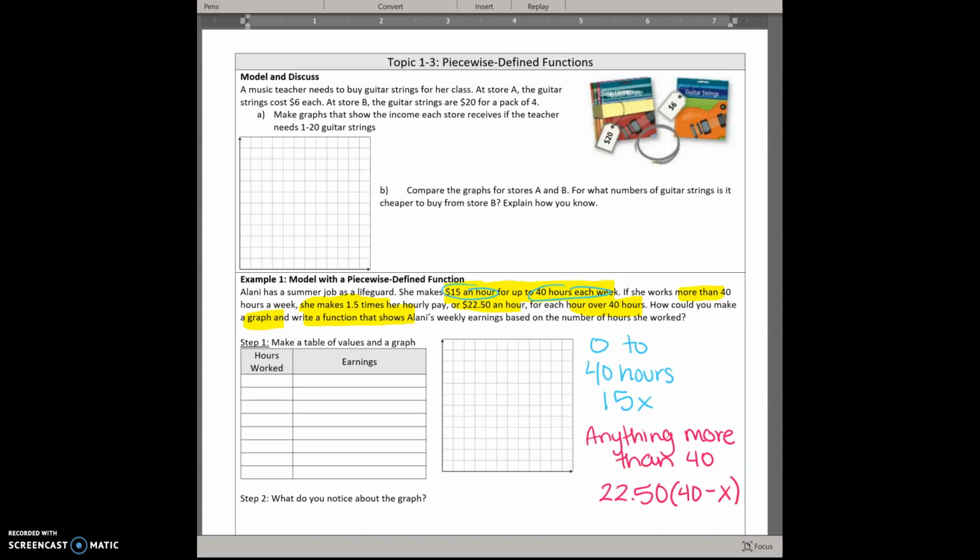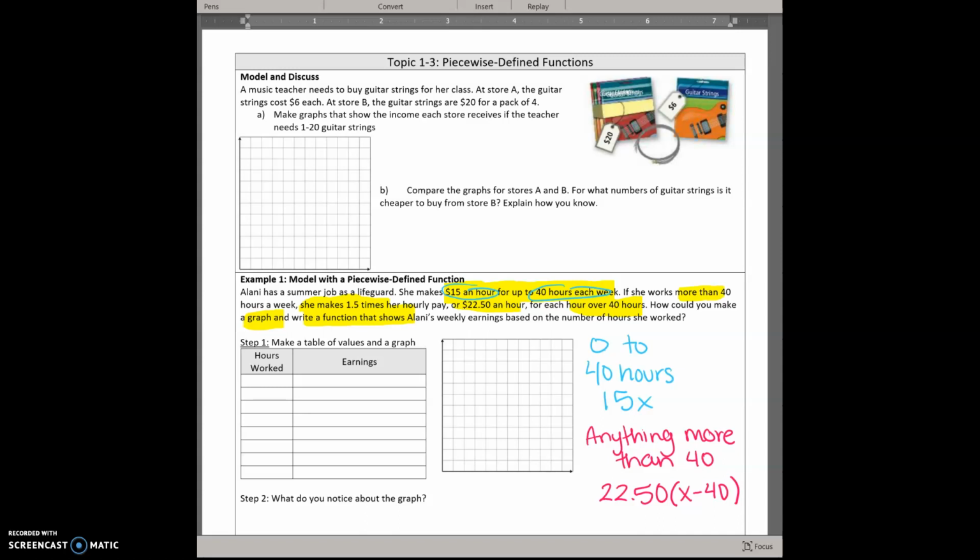So if she works 50 hours, I first need to take the 40 off and then only be multiplying that $22.50 by the 10 that was additional of the 40.